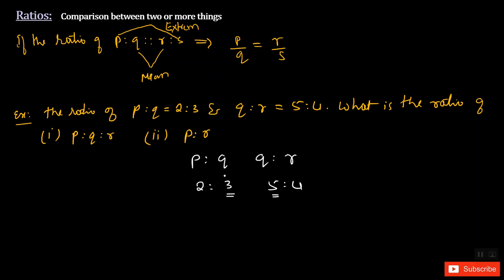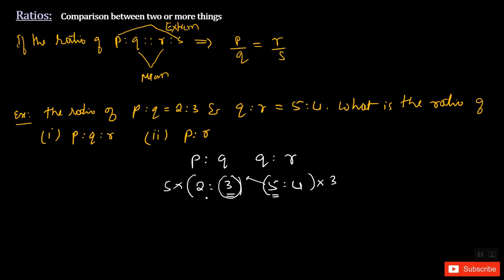You have to multiply this one with the other value. So you have to multiply 3 with 5, and multiply the other with 3. When you are multiplying, you should not just multiply the Q value, you have to multiply the entire expression. So this entire expression will be multiplied by 5, and this entire expression by 3.